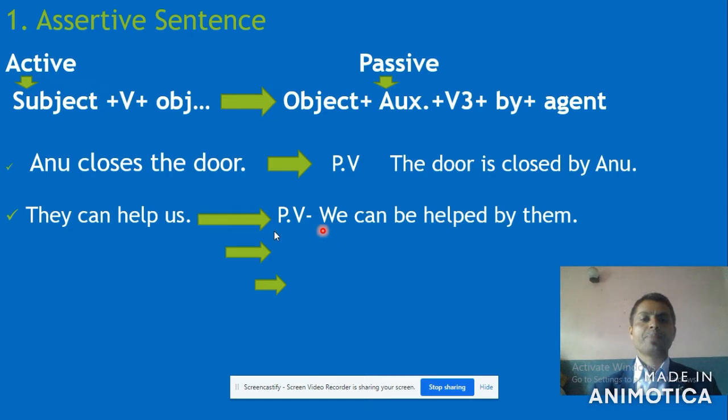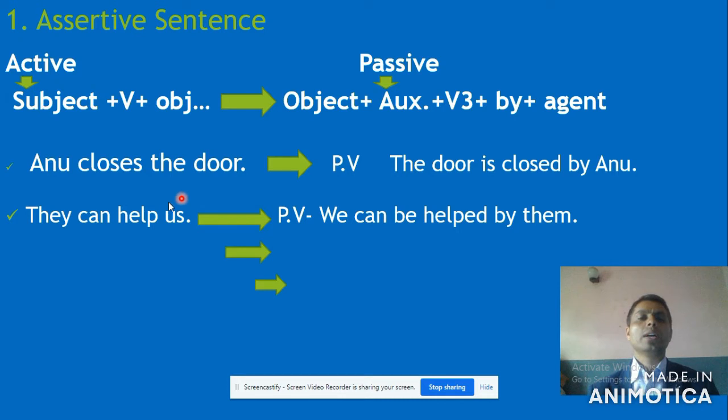Got it? So here, what is the object? The object is us. Us becomes the subject. Then it is we. We can. We must have an auxiliary verb here. We can be. Why?